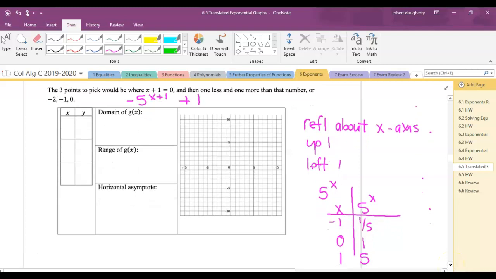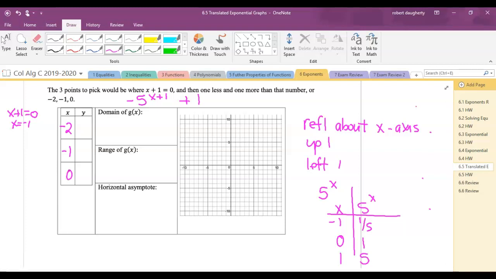So I want to pick points. I'm going to pick the first point. Where does the exponent equal 0? When x equals negative 1. Okay, that's one of my points. What are the other 2 points I'm going to pick? I'm going to pick the points on either side of that. Now I'm just going to substitute these 3 values in.